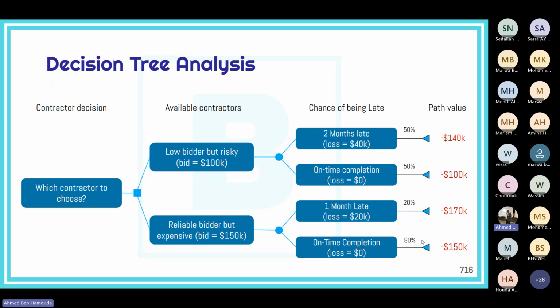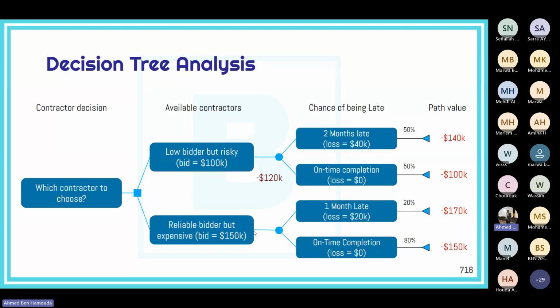Now we have just calculated the values for these four paths. Now we need to know for each contractor how much they would cost, taking both paths into consideration. For the first contractor, it is 50% probability for the first path: 50% times 140,000 plus 50% times 100,000. So the first contractor would cost us around 120,000.